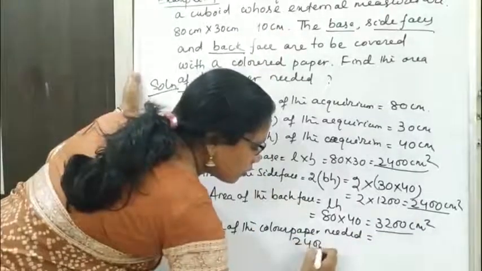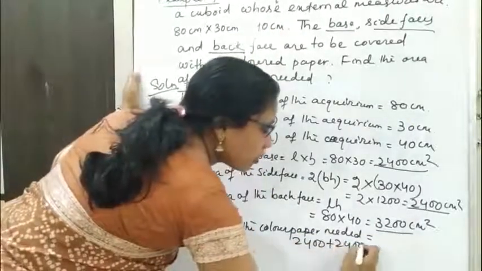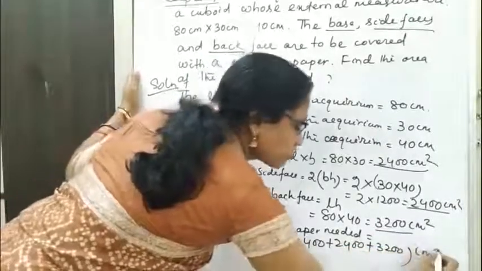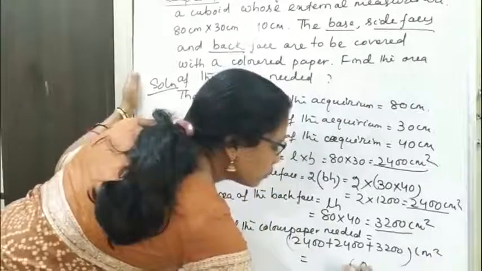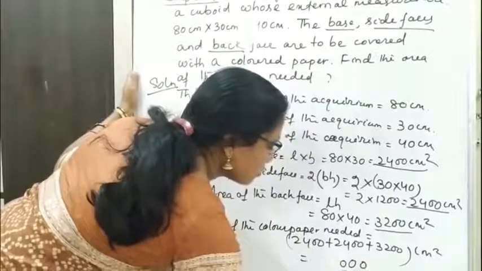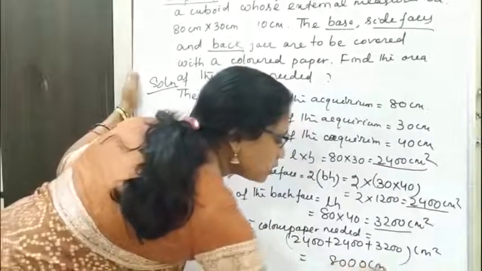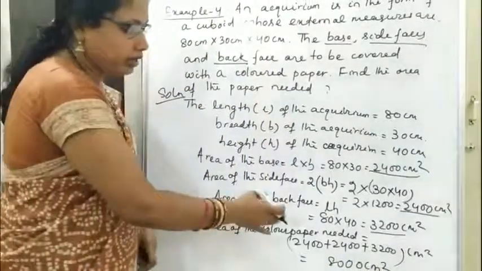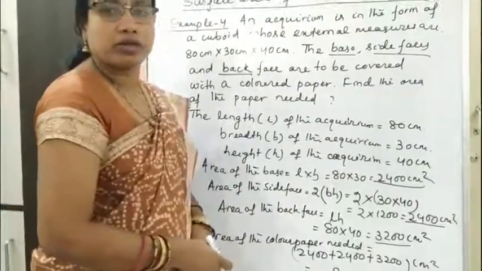So 2400 plus 2400 plus 3200 centimeter square is equal to 8000 centimeter square. So the color paper needed is 8000 centimeter square.